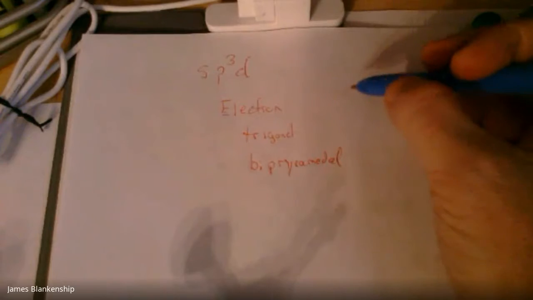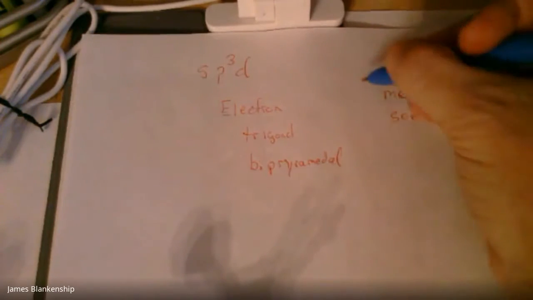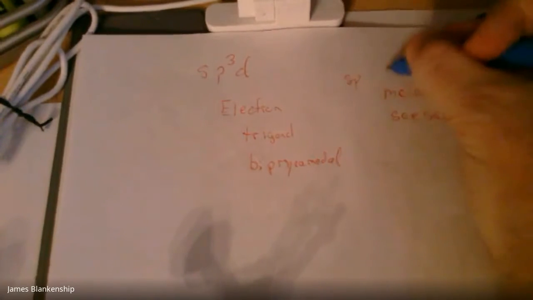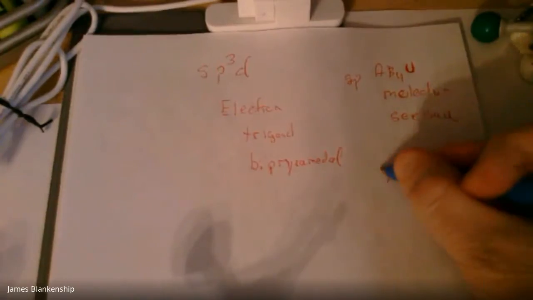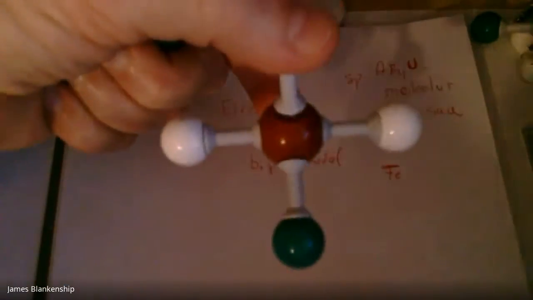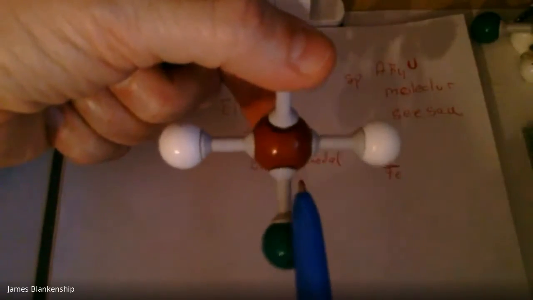So seesaw, sometimes they will abbreviate seesaw as AB4U, 4 things, and then 1 unpaired. Versus if it's T-shaped, and the T-shape comes from, if you're looking straight down on it, here's our T, our crossbar, and then our standing bar.